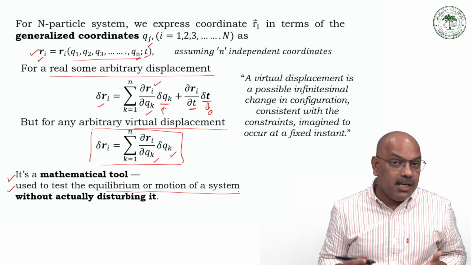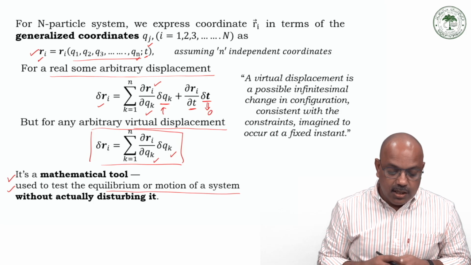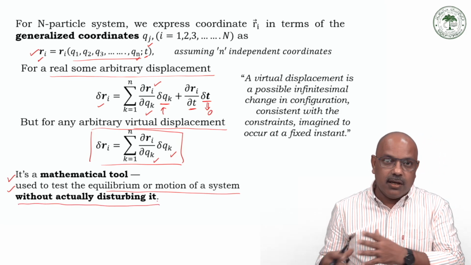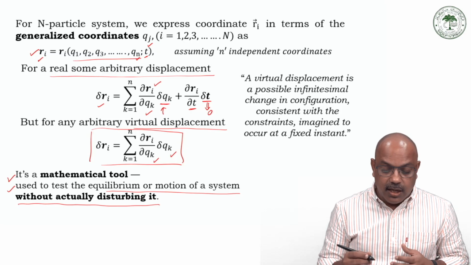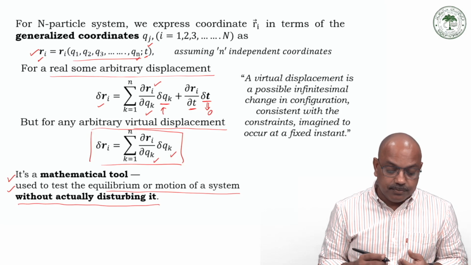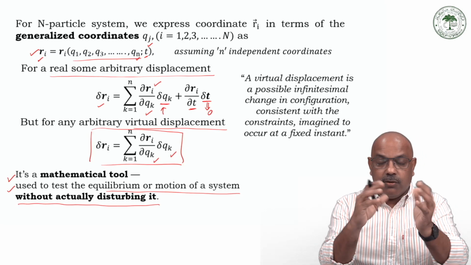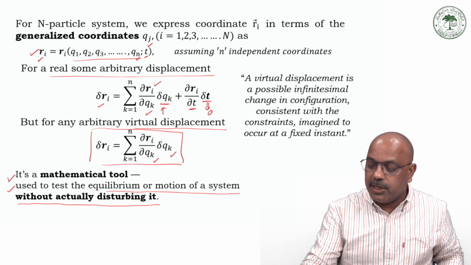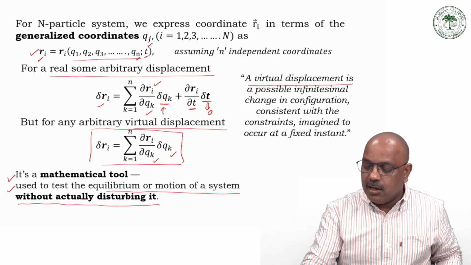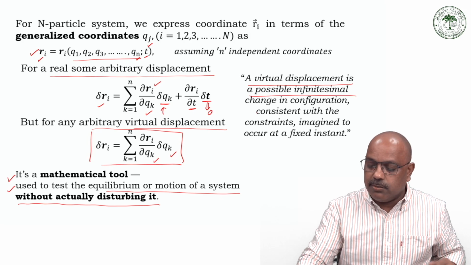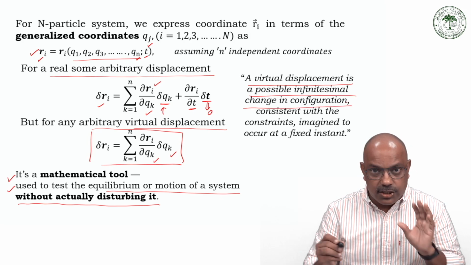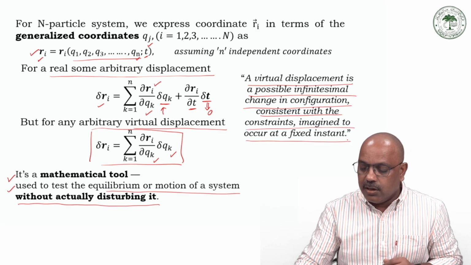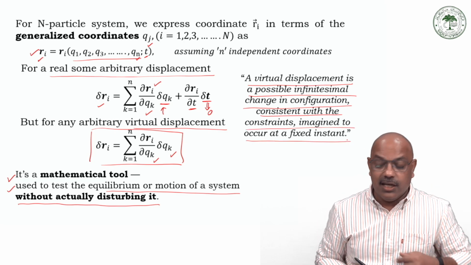So why are we defining the virtual displacement concept? To test equilibrium without actually disturbing the system. Okay, so we'll talk later about what equilibrium condition means without actually deforming the system. So a virtual displacement is a possible infinitesimal change in configuration of the system, consistent with the constraints, imagined to occur at a fixed instant, not delta t.